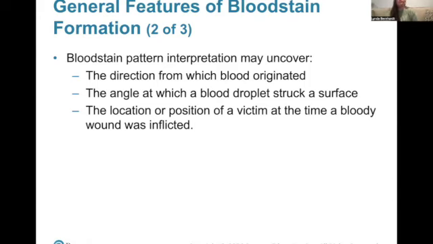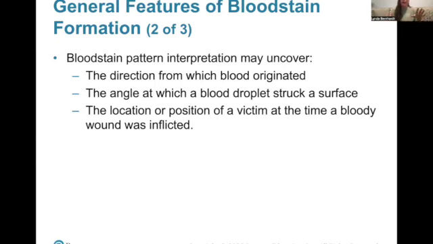Pretty much the important thing here is when you're doing a crime scene and there's some kind of blood, how it lands, what it lands on, how far it sprays, if it's little droplets, all of it matters. Because you can find out, like it says here, what direction it originated in.